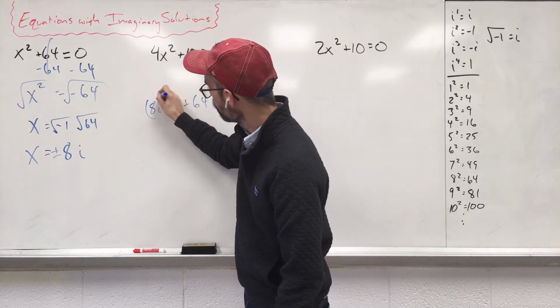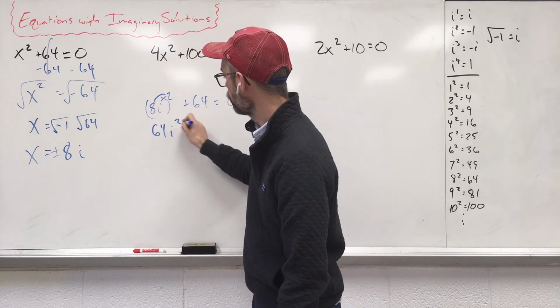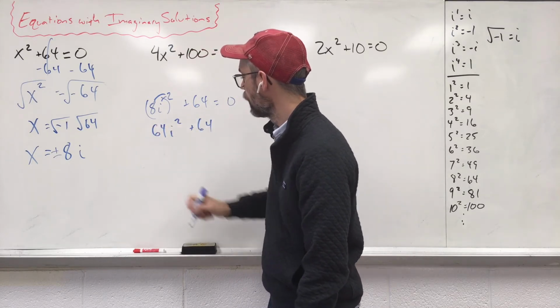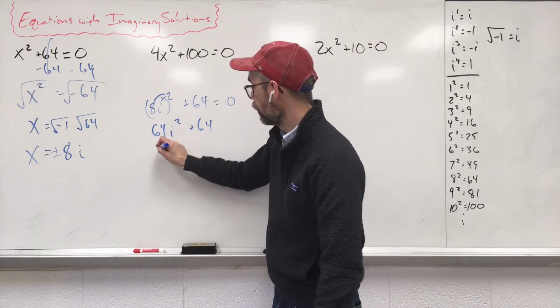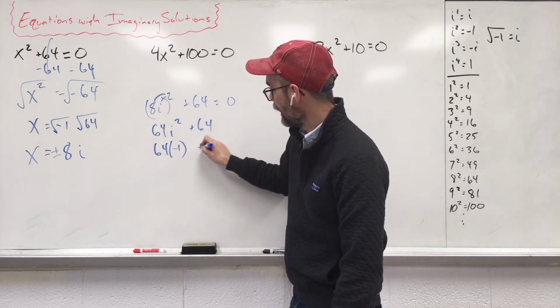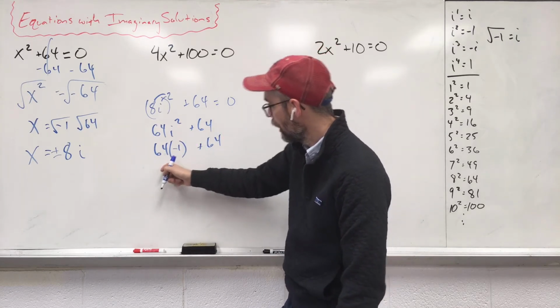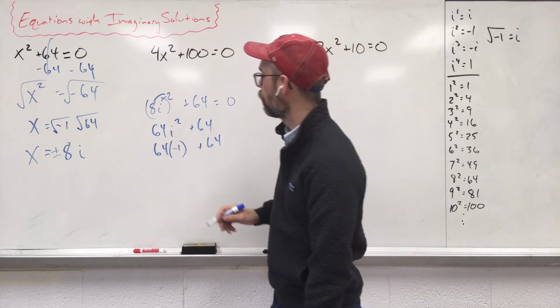So this exponent goes to both of these: 64i squared, and i squared is the same thing as saying -1. So 64 times -1, isn't that just -64? And there is a positive 64 giving you that 0. So the positive 8i works.